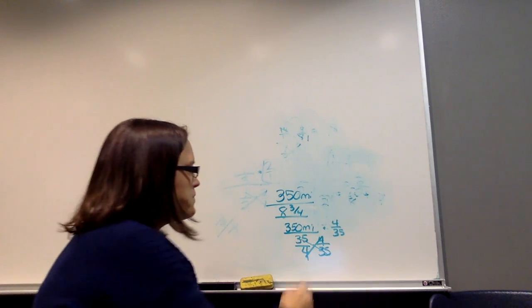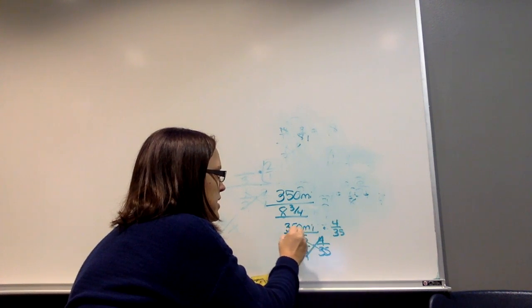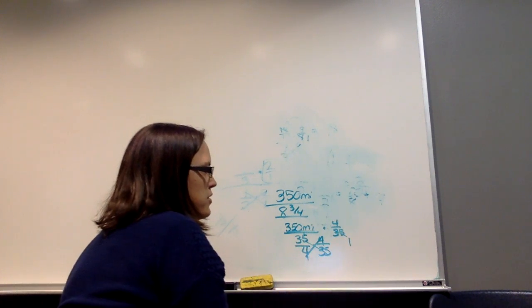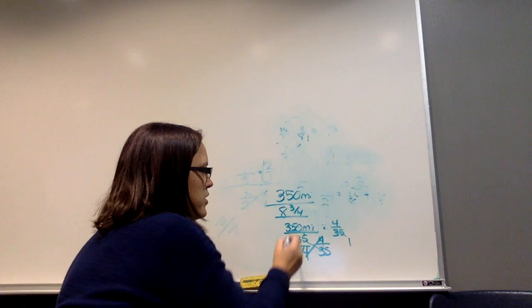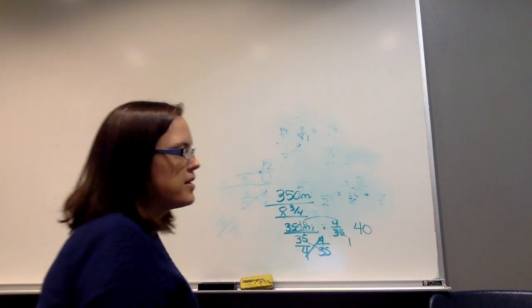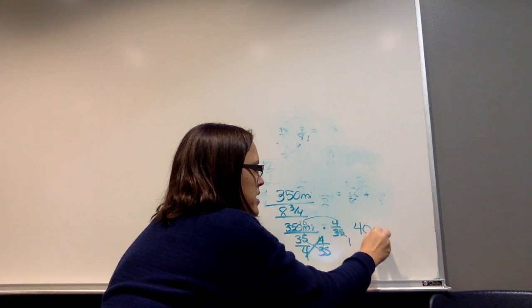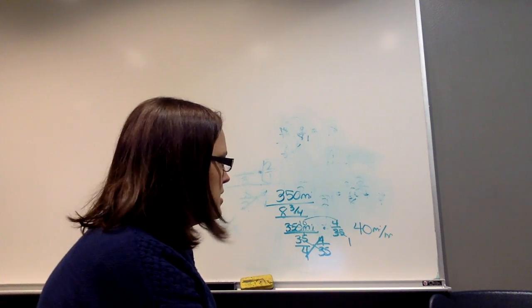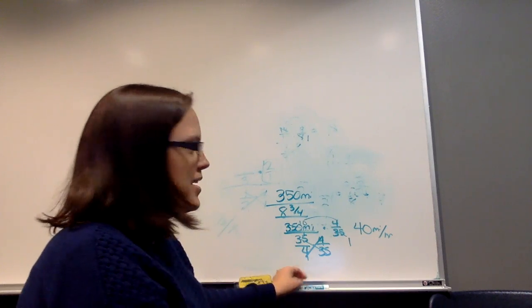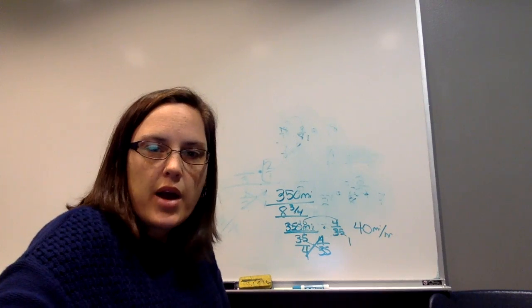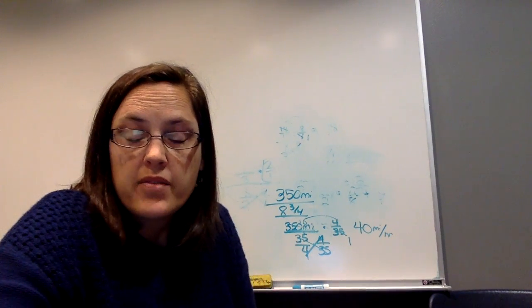Remember 350 can be written as 350 over 1, and then 35 into 35 is once, 35 into 350 is 10, 10 times 4 is 40, and that is 40 miles per hour. So that truck must have been caught in some traffic or some construction if it was only driving 40 miles per hour, or maybe it was just not driving on the interstate.